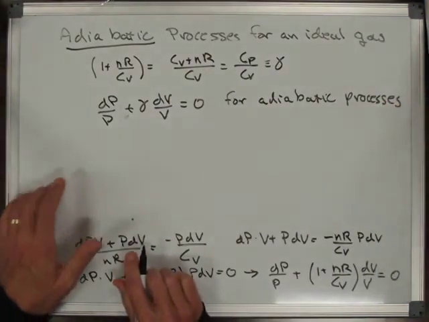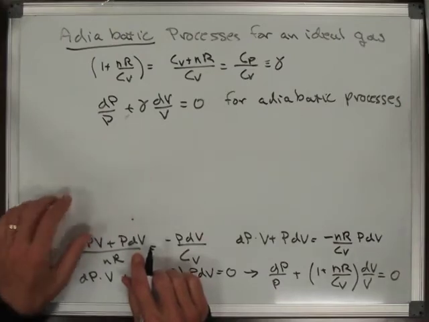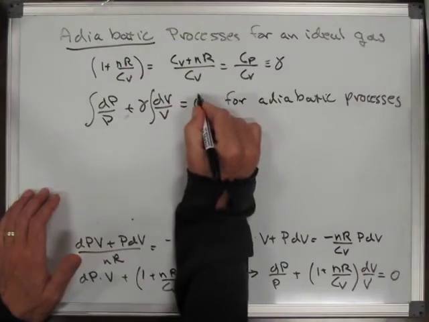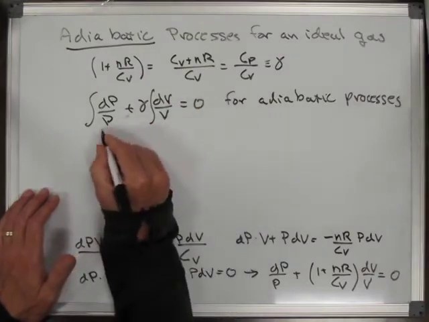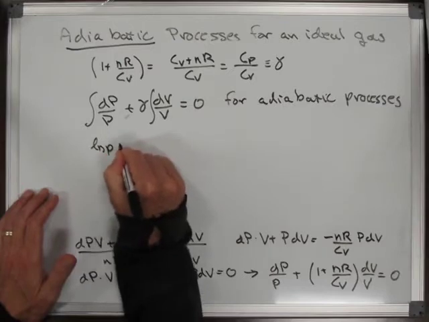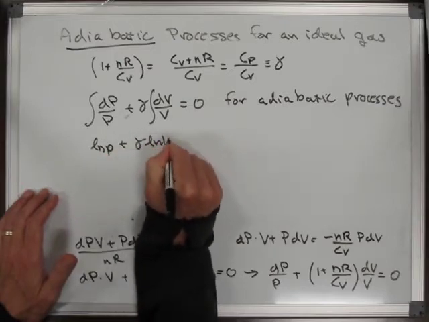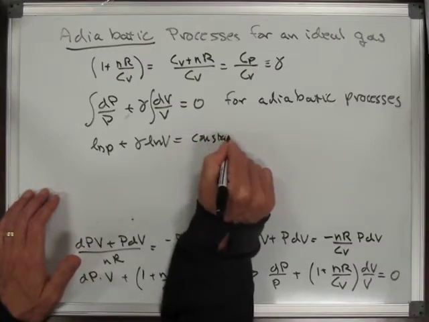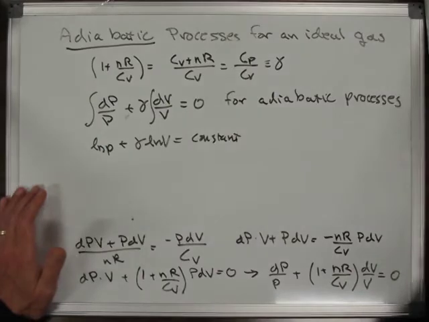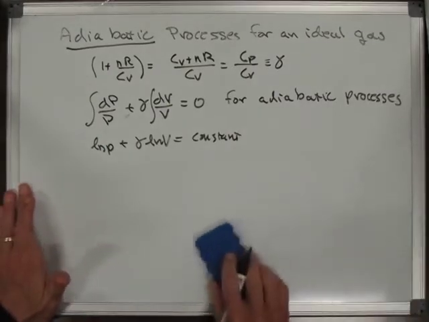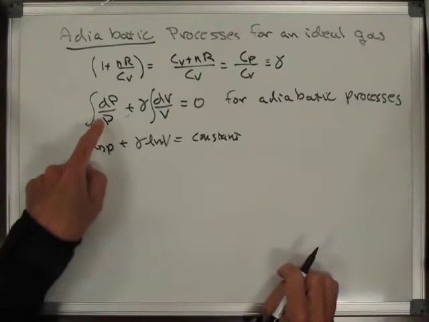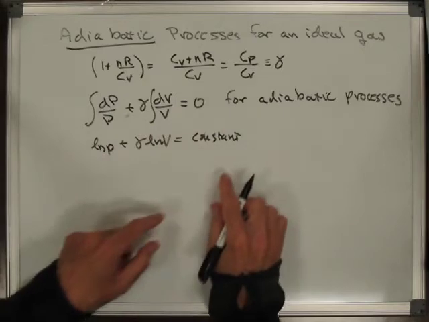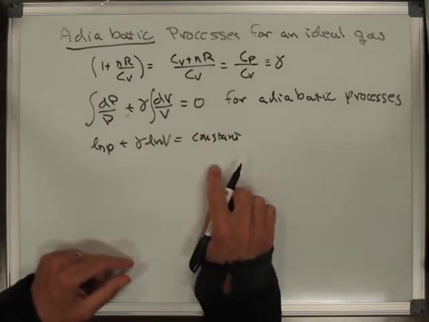For adiabatic processes, we're trying to come up with a non-differential relationship, and so I can just integrate both of these. And when I do that, I get log of P plus gamma log of V is equal to some constant. These are indefinite integrals, so you can just add a constant onto each of those integrals, add them together, call them a constant and move to the other side and call them a different constant.